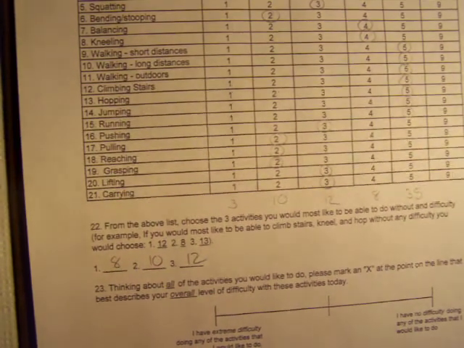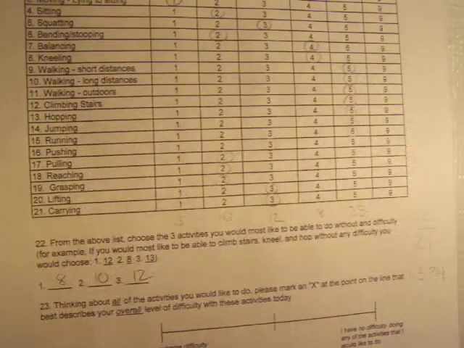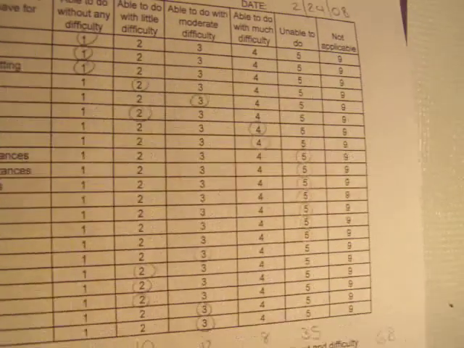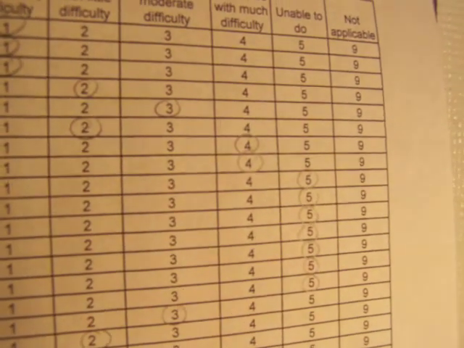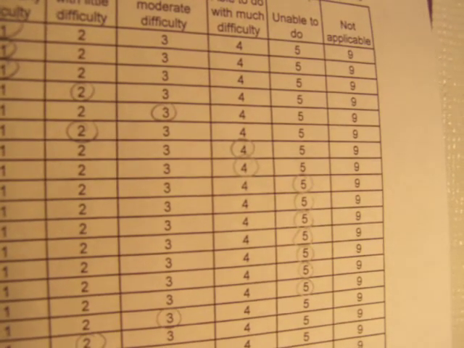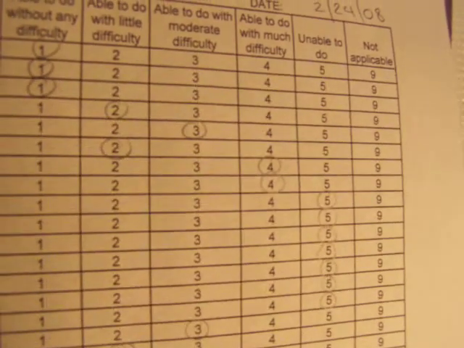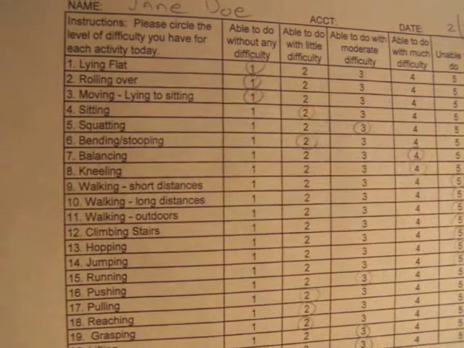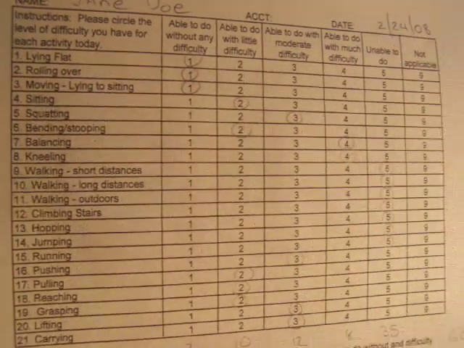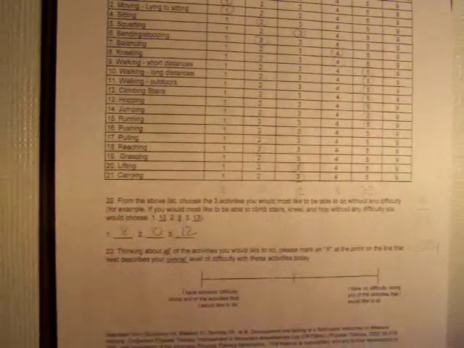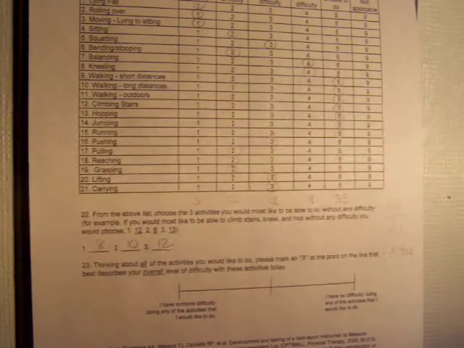So for number 1, it might read improve kneeling from a, I don't know if you can see that up there, a 4/5, and then using my skill and judgment, I might say I believe she's capable of getting to a 2/5 for kneeling. That would be an example of goal setting using the Optimal.